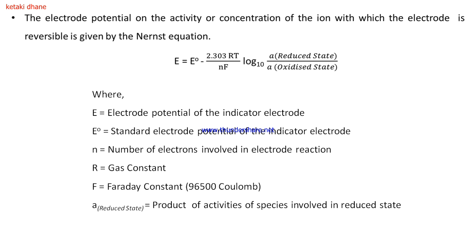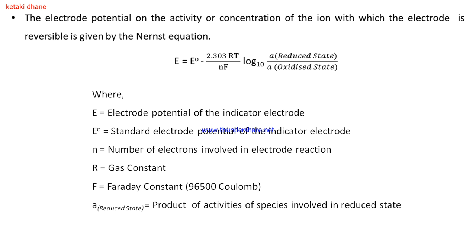Here E is the electrode potential of the indicator electrode, whose potential changes throughout the titration as we add the titrant from the burette into the solution.